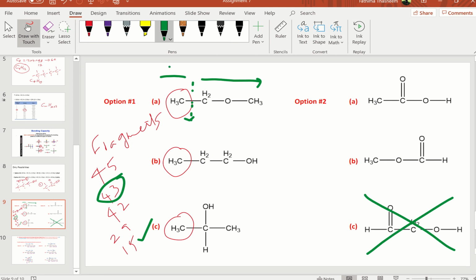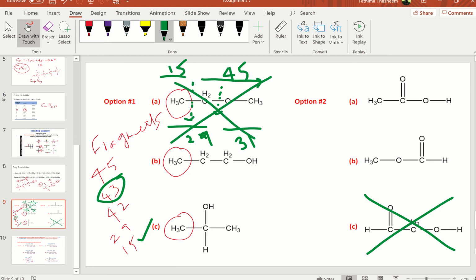The left side is 15 and the right side is 45. So I found two fragments that I am interested in. And if I break it from here, what happens? I have a fragment here which is 29, and then over here it is 31. But from the option 1A, I cannot make a fragment at 43. So that indicates this is not the correct structure.